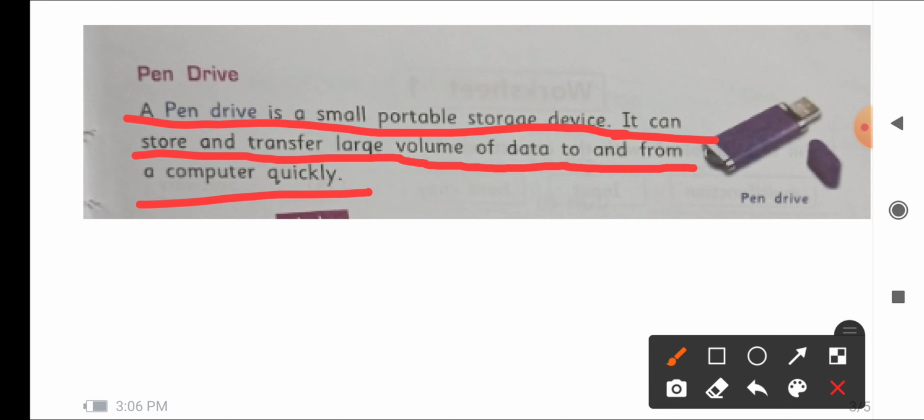This is the smallest portable storage device, and it can store data and transfer data to the computer quickly.